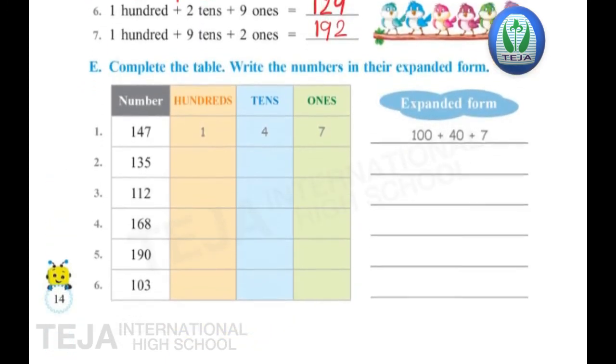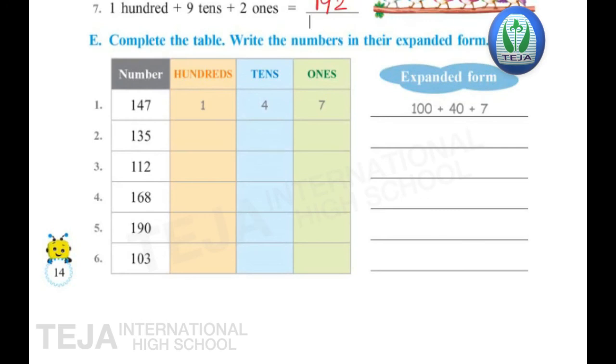Now next question. Bit E. Complete the table, write the numbers in their expanded form. You should complete this table and write the number in the expanded form here in the blank. See the first one. First number is 147.